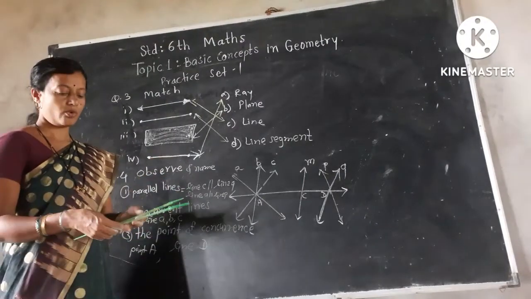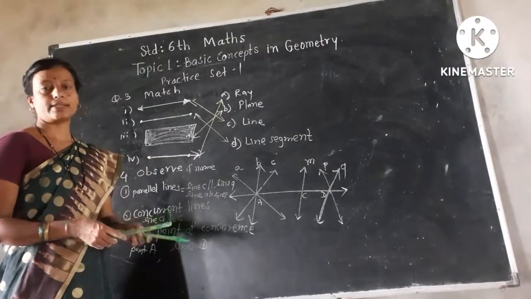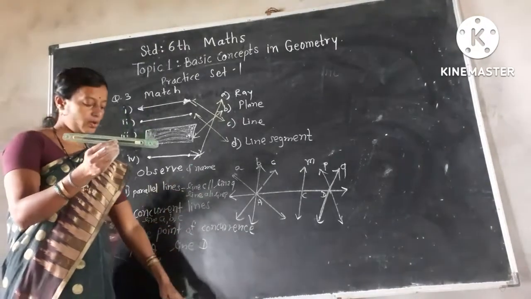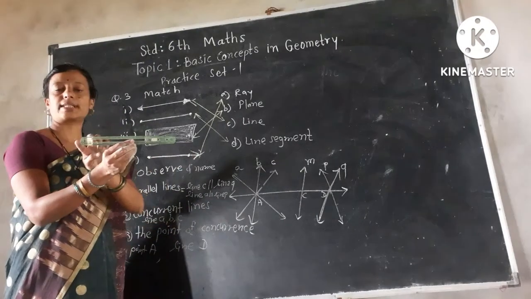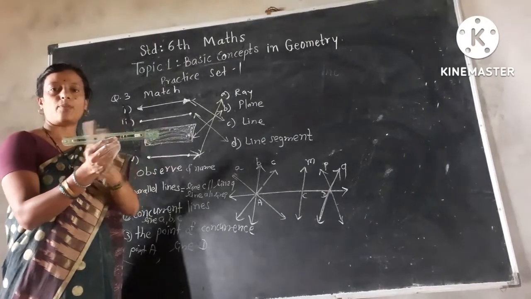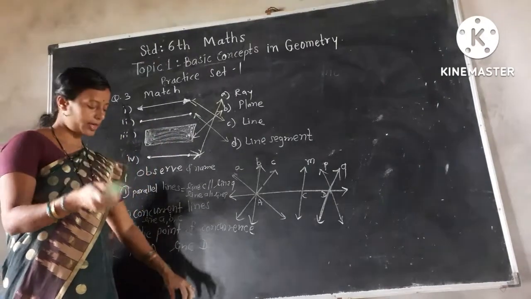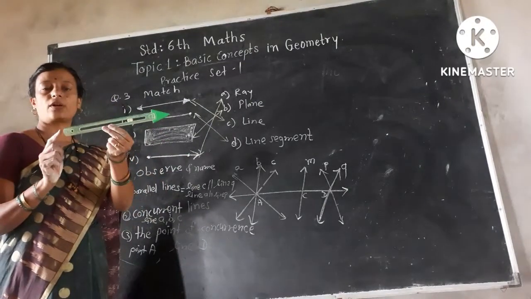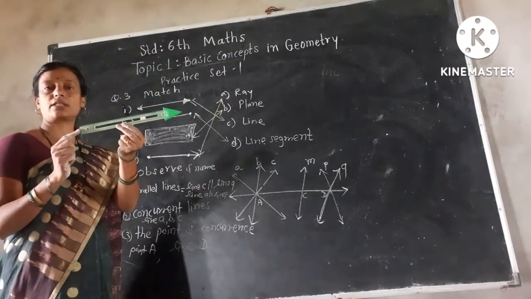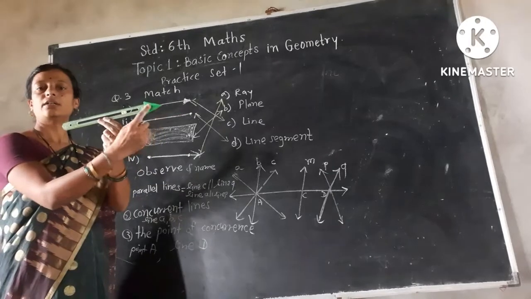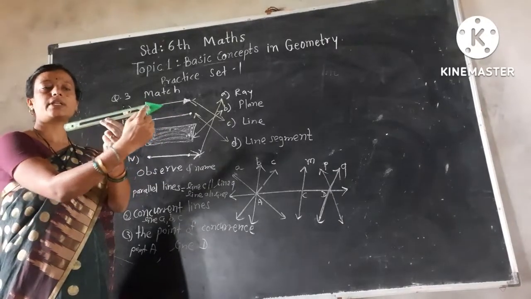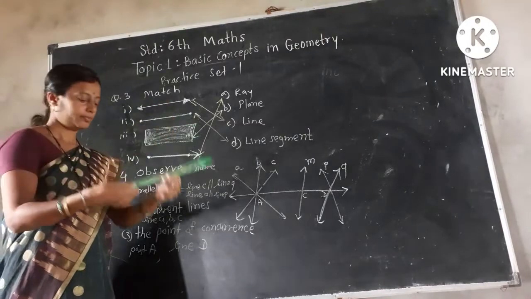In this topic, what can we see? We can see first a point, then we see a line segment, because it has end points on both sides. This is called a line segment. This is called a ray because this is the starting point and this is the arrowhead, and the ray extends in one direction.